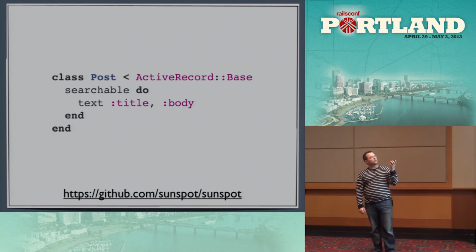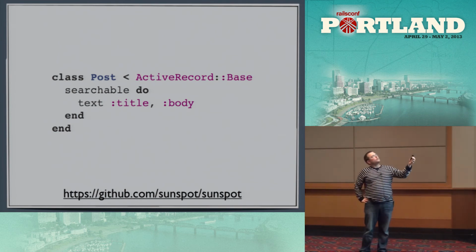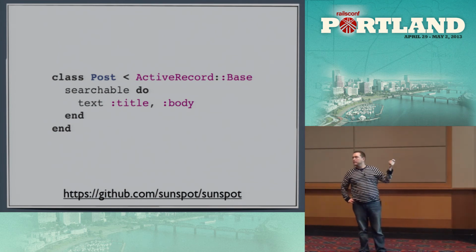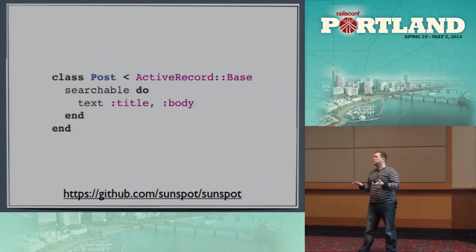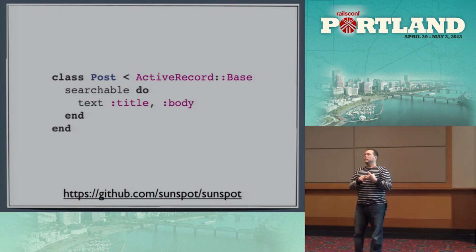So here's the actual code for Sunspot that sets this up. You call searchable and pass it a block, and you say, okay, I want full-text search on title and body, and that's all you have to do as the implementer. All of a sudden, anytime it's updated, changed or deleted, it'll handle it for you.